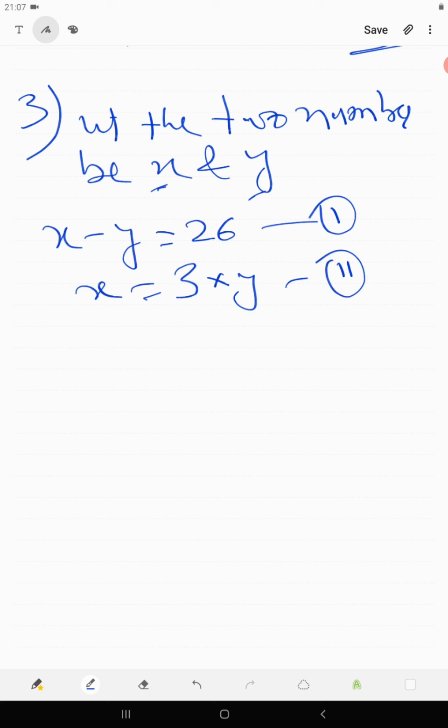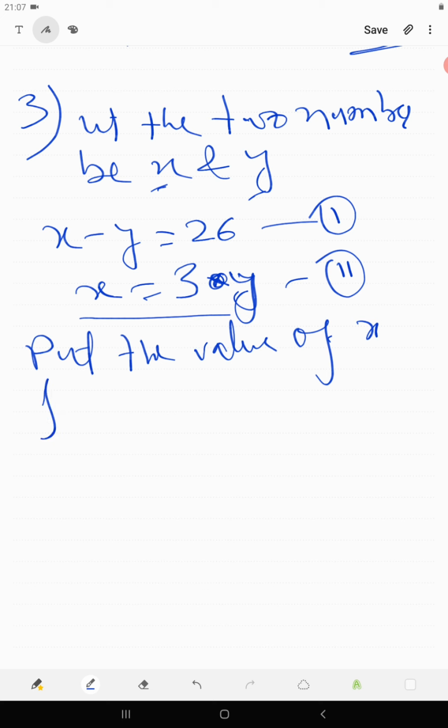This is our second equation. So we already have x equals 3y, we don't need to shift anything. So put the value of x from equation 2 in equation 1.